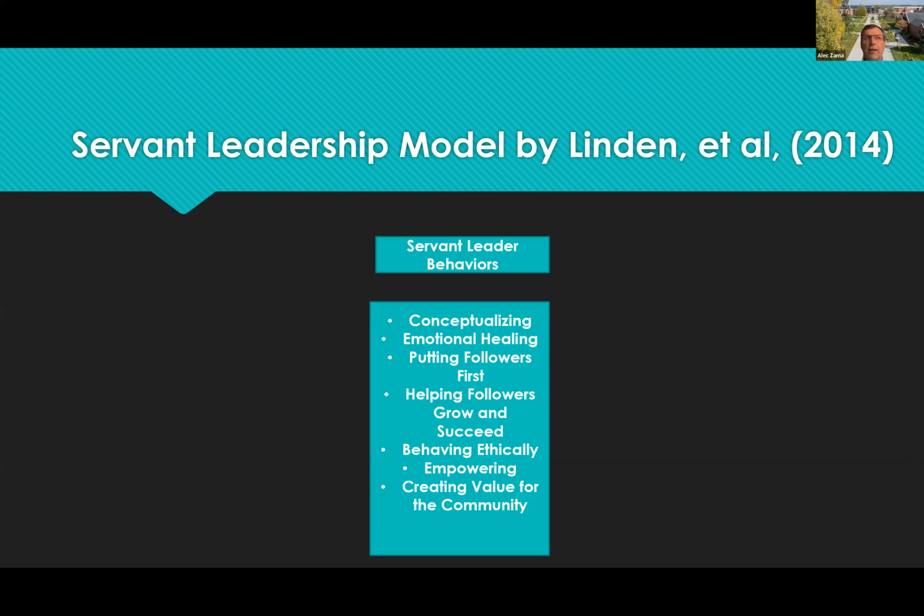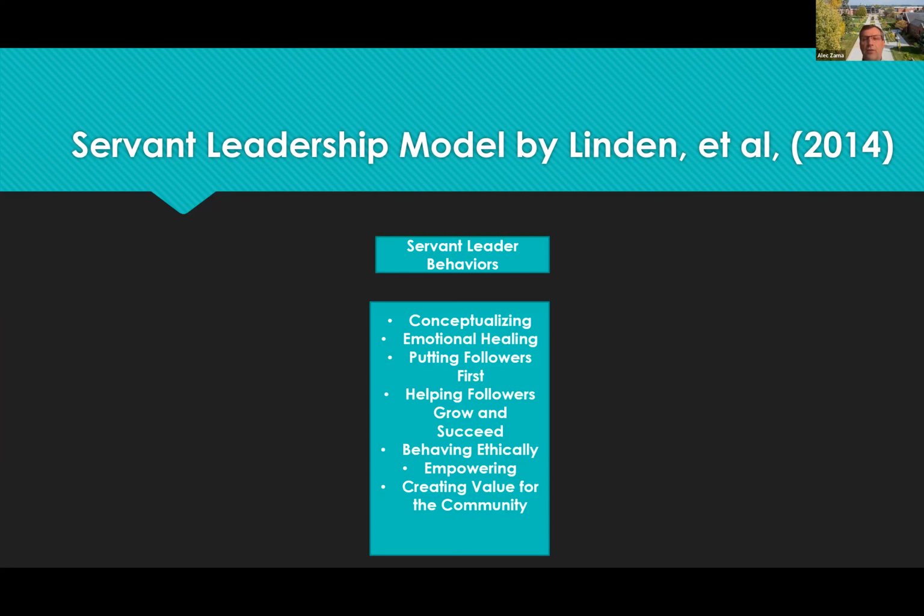And behaving ethically: servant leadership has a moral and ethical component, which is essential. It's important because they serve as a role model for others. Then, empowering others, giving followers latitude in decision-making, allowing them the freedom and autonomy to complete their jobs.